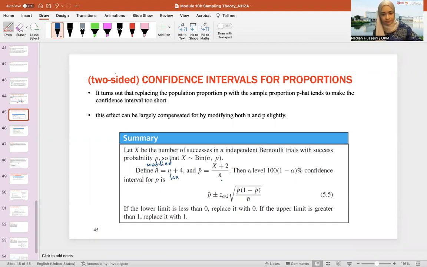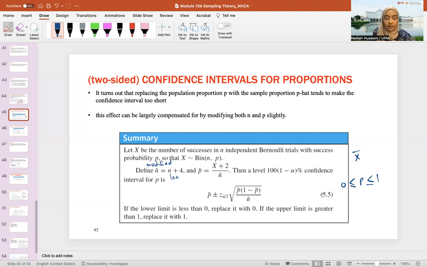Since we're talking about probability, it is always between 0 and 1, right? This is entirely different from your sample mean. Your sample mean is basically anything goes, like 12.4, 100, can be anything. But for probability, we know that it has to be between 0 and 1, because the maximum a probability can have is 100% or 1, and the minimum is 0.